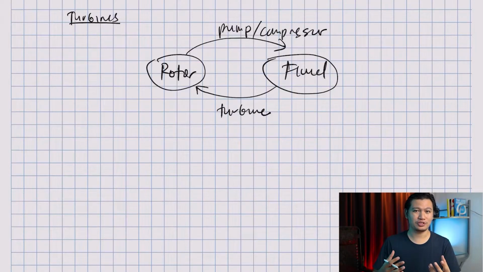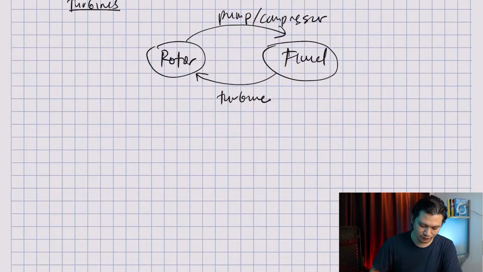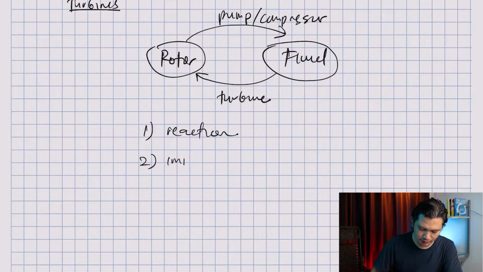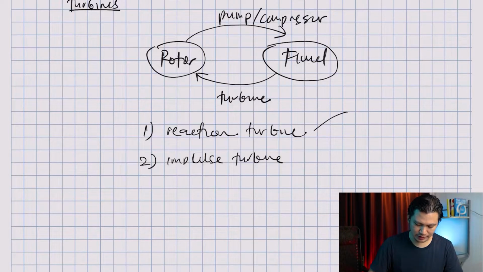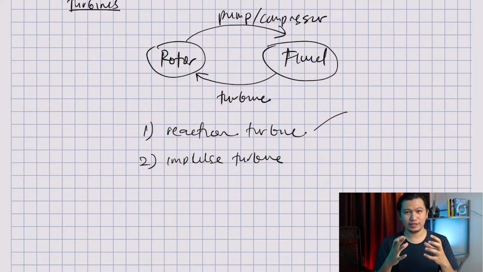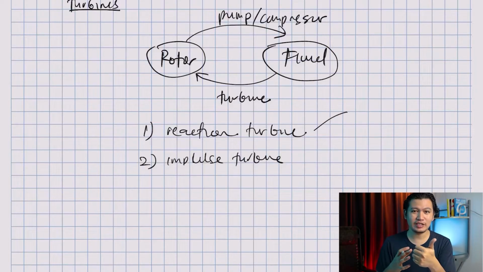But in this course, we're going to categorize the turbine into two types: first is called the reaction turbine, and the second one is called the impulse turbine. The way to differentiate between them is to imagine that you have water that has kinetic energy and also potential energy or flow energy.